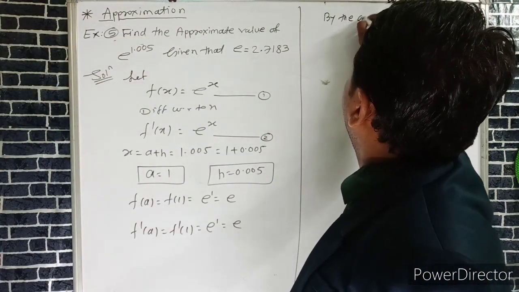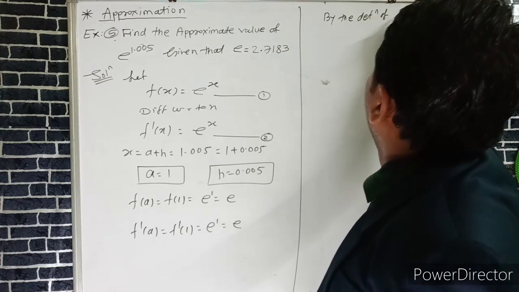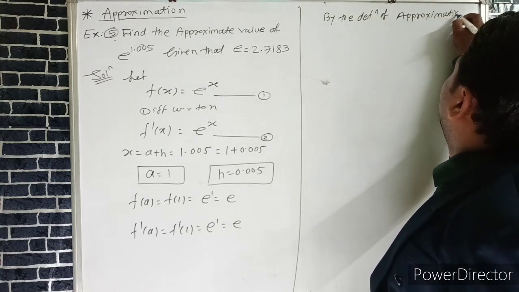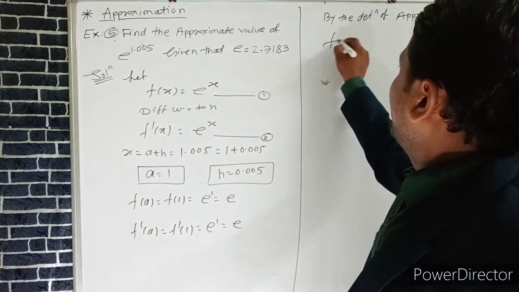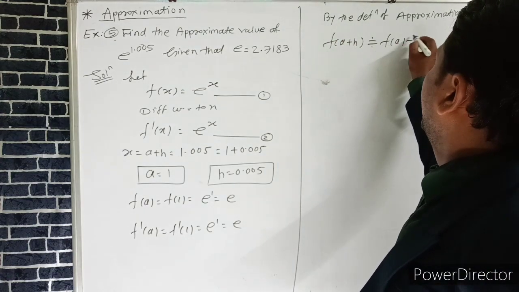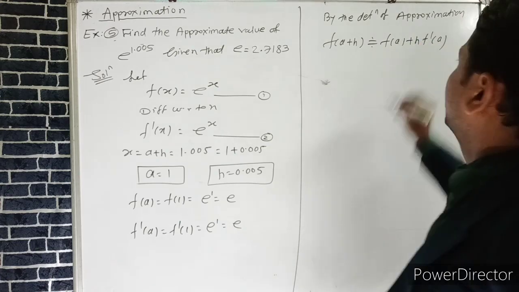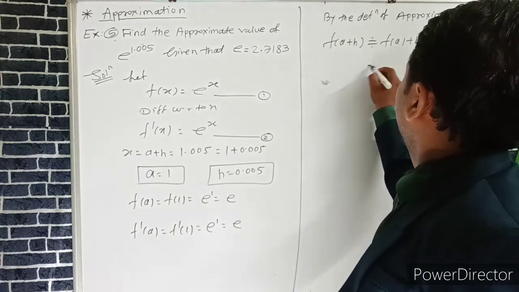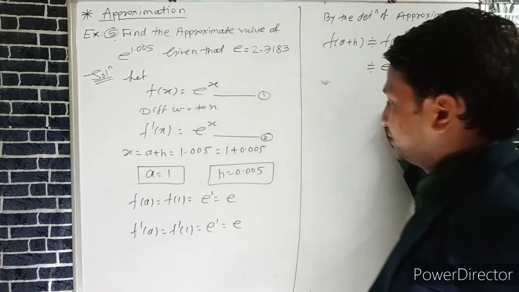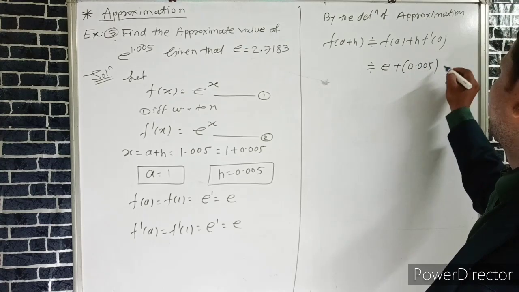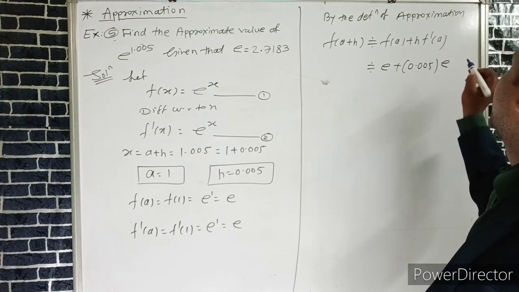By the rules of approximation, we can write f of a plus h is approximately f of a plus h into f dash of a. So f of a is e, plus h, the very small increment, is 0.005, and f dash of a is e.